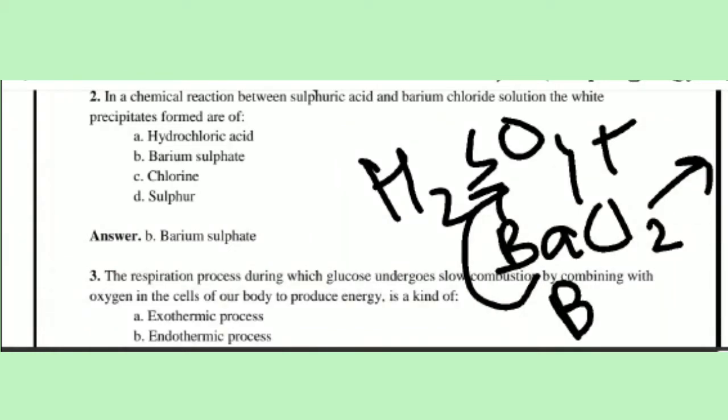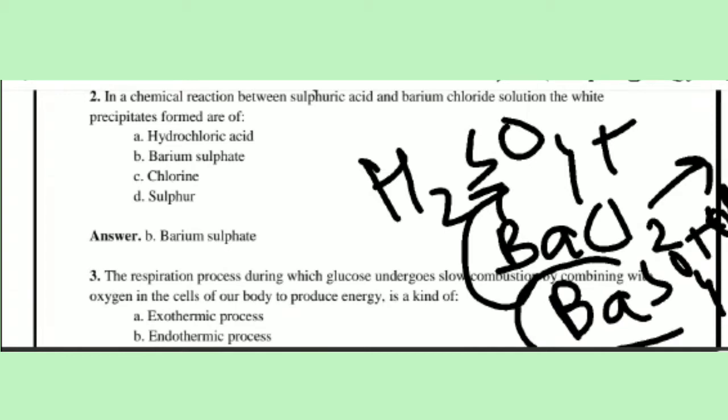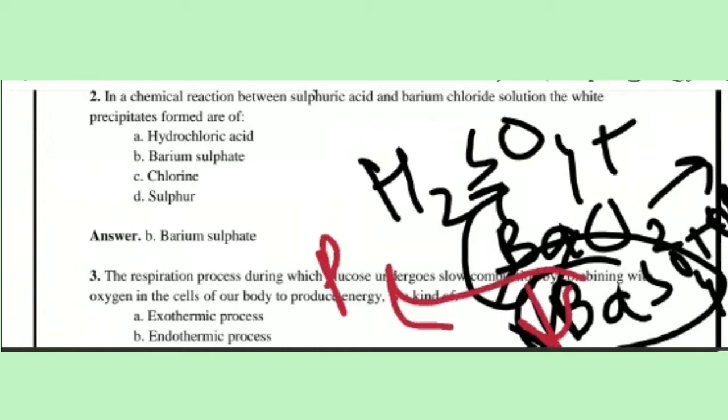So here BaSO4 and HCl will be the products. BaSO4 will be formed as a precipitate, so our barium sulfate will be our precipitate. Our B option will be the correct answer.